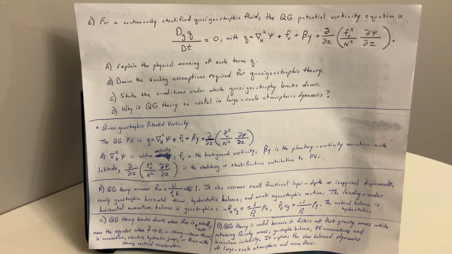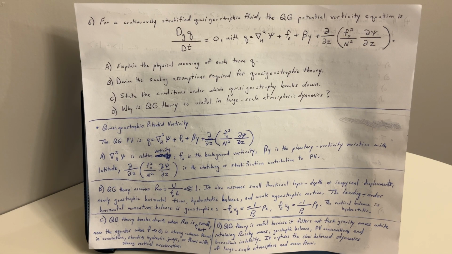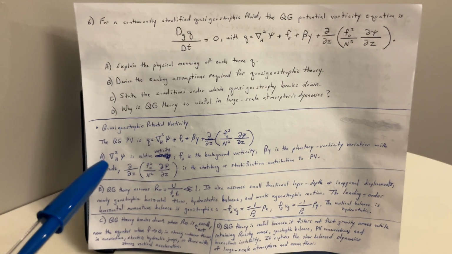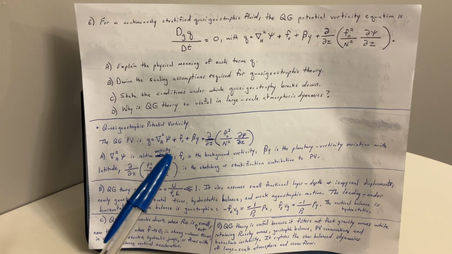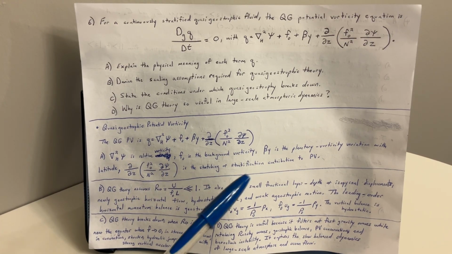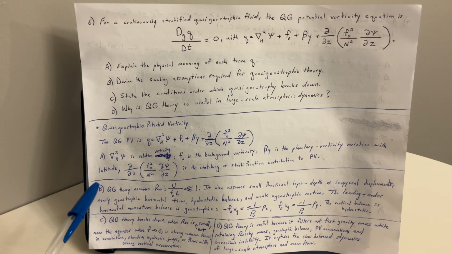Explain the physical meaning of each term in q, the quasi-geostrophic potential vorticity. So we have our equation here, and let's identify what we have. That del sub h squared psi is the relative vorticity. The f naught is the background vorticity. The beta y is the planetary vorticity variation with latitude.